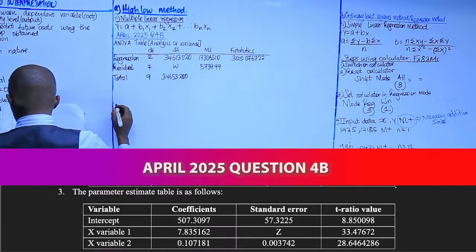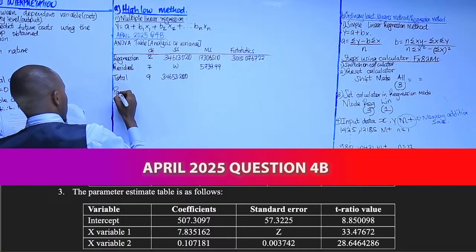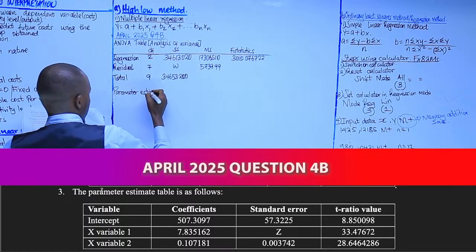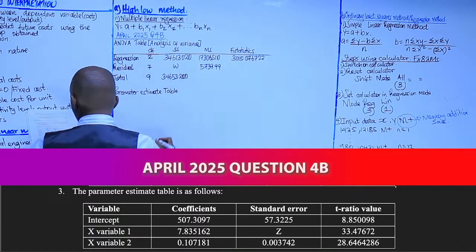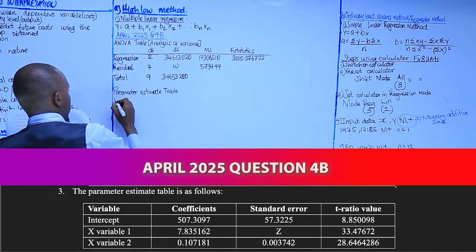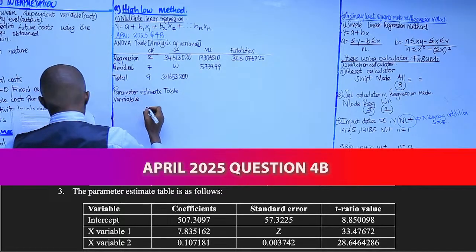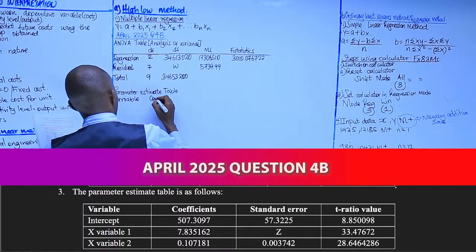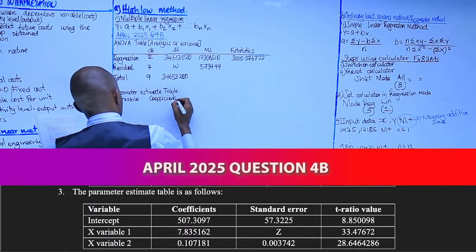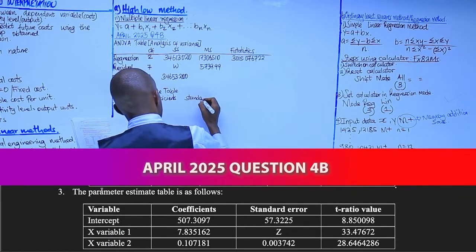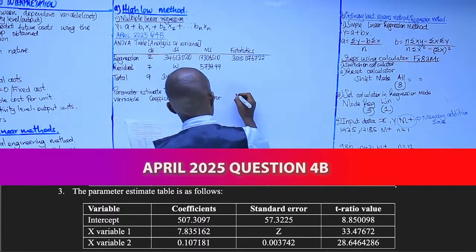Then you have your parameter estimate table. You will have your variable, coefficients, standard error, and your T ratio value.